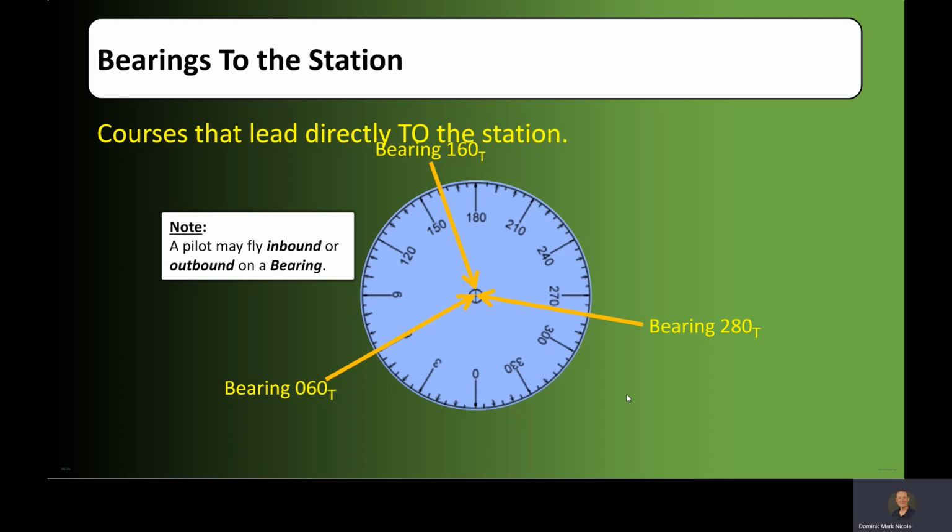Traditionally, it was always with the non-directional beacon, but it can apply to any nav aid, any waypoint that your satellite-based systems use. So think of a bearing as a course that leads directly to the station.